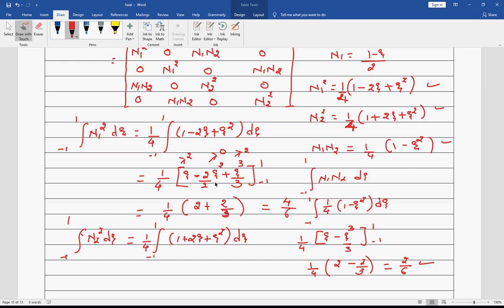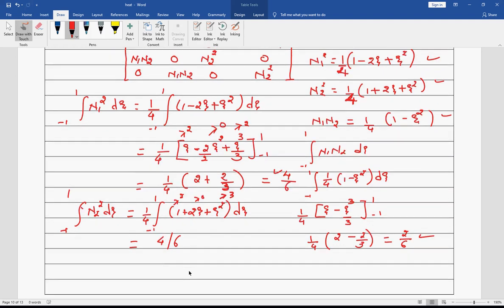Now I can see the xi term leads to 0, this term will lead to 2, and this term will lead to 2 by 3. Okay, so naturally I am going to get the same result. So this is also equal to 4 by 6.